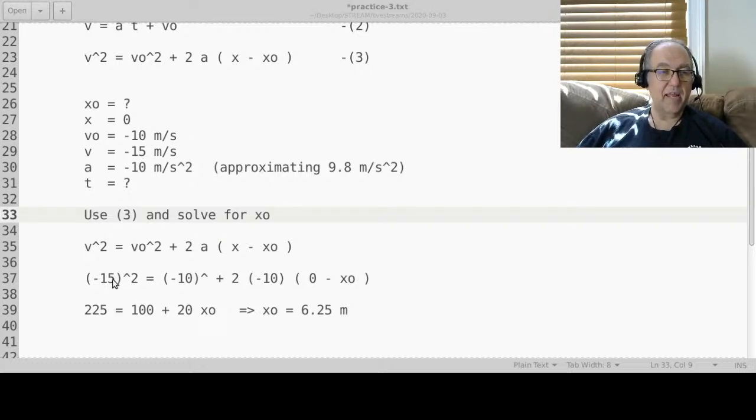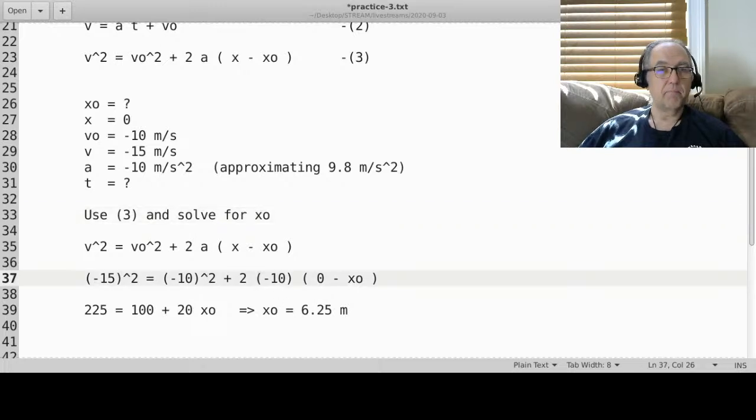So it's negative 15 squared. And then for v naught, it's negative 10 squared. Whoops, I forgot a squared in there. Let me put that in. There you go. Okay, so negative 10 squared plus 2 times a. A is negative 10 times x minus x naught. X is 0. X naught, that's our unknown.